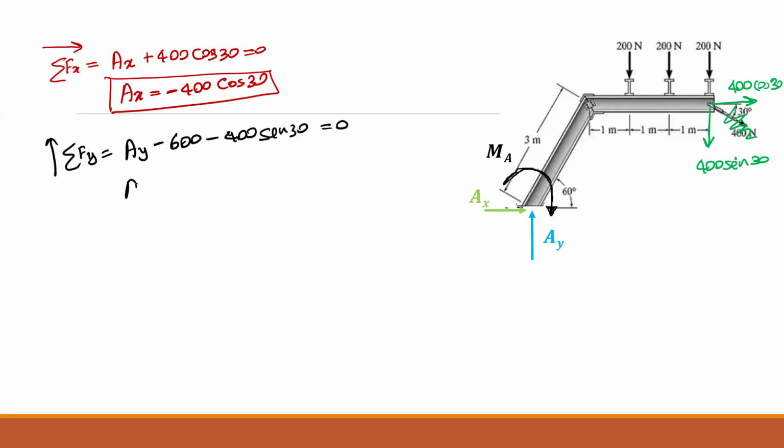So you can find AY, which is 600 plus 400 sine 30. We get AX as 346.4 newtons, and AY is 600 plus 400 sine 30, which is 800 newtons.